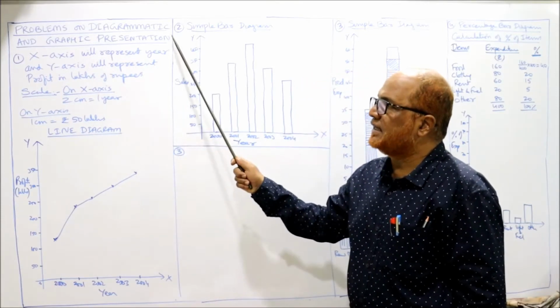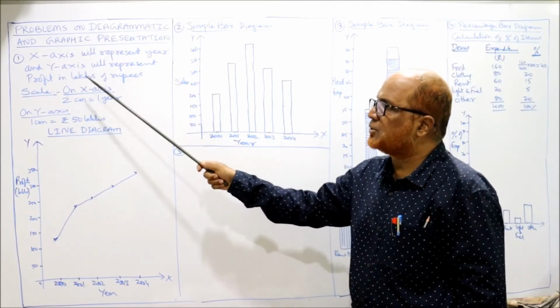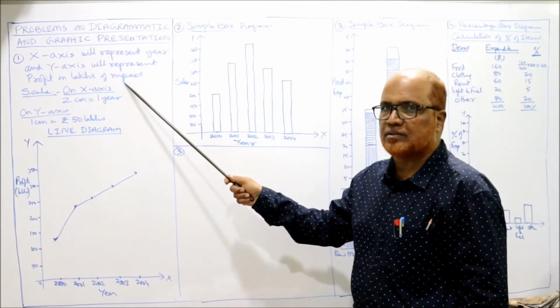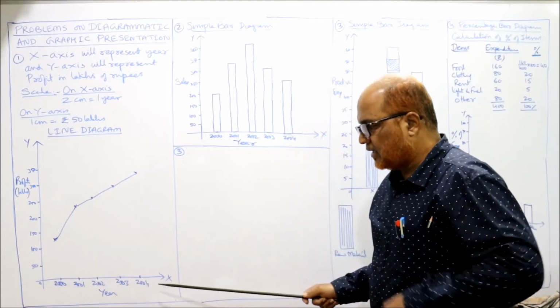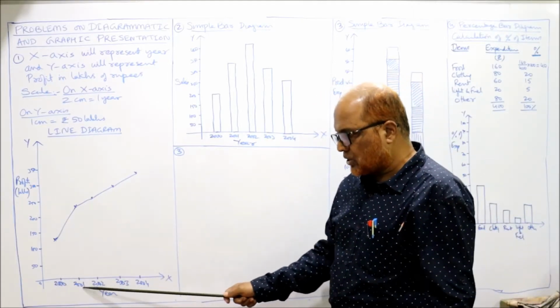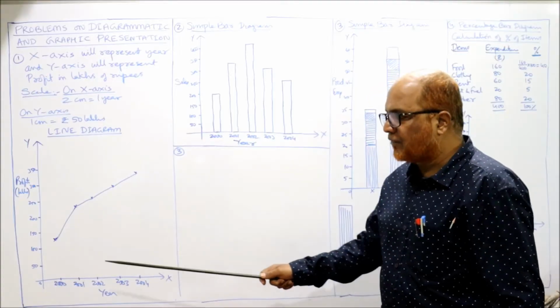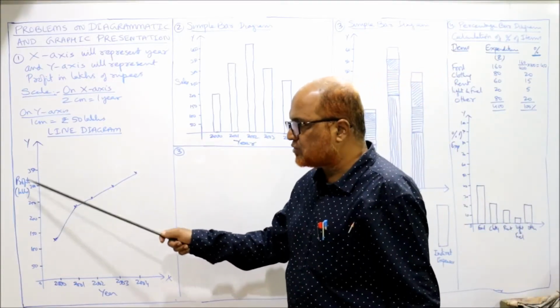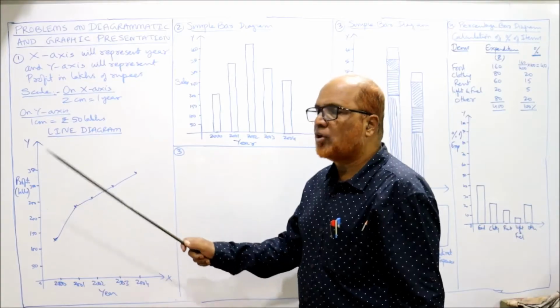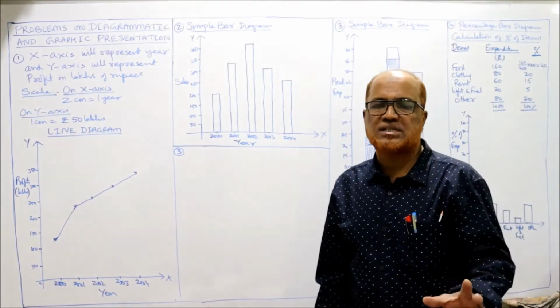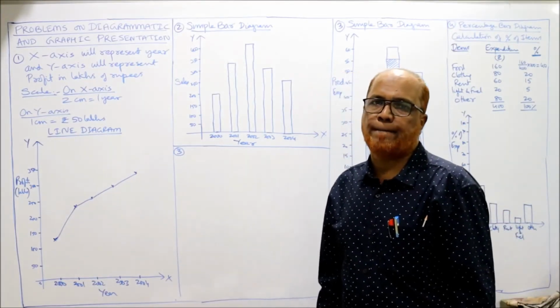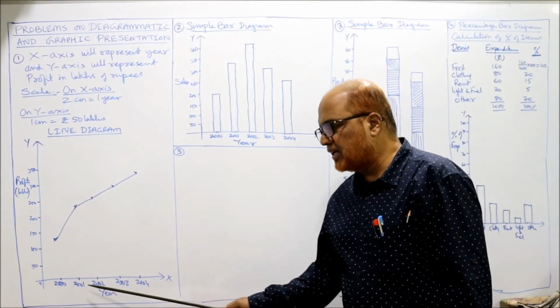X-axis will represent year and Y-axis will represent profit in lakhs of rupees. So on the X-axis we have taken years 2000, 2001, 2, 3, 4. ये 5 years दे दिया. Now profits are given and we have taken profits on the Y-axis. So before drawing the graph, first you must take an appropriate scale. अब देखिए 5 years data is given.